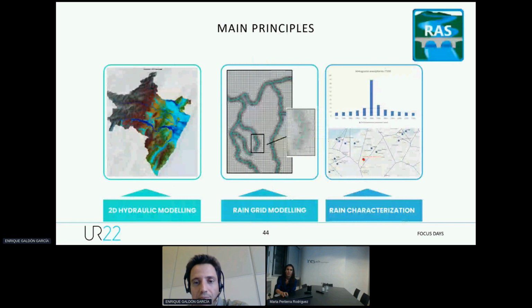Why is this interesting? Well, first of all, you have two dimensions. Well, two dimensions in surface, I mean, and it provides also depth, obviously. And why is this very significant?